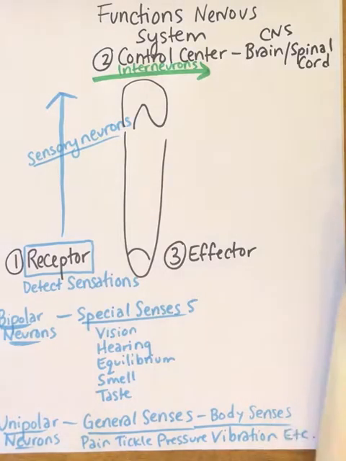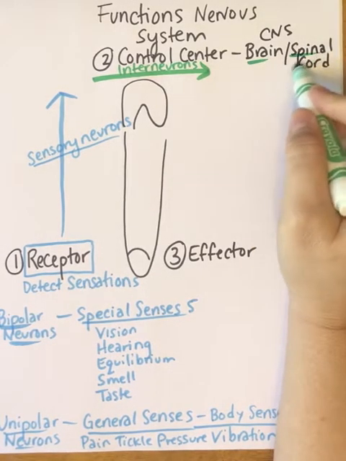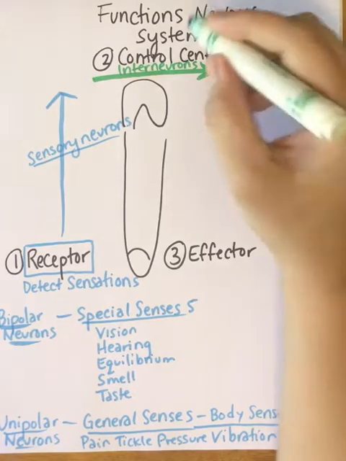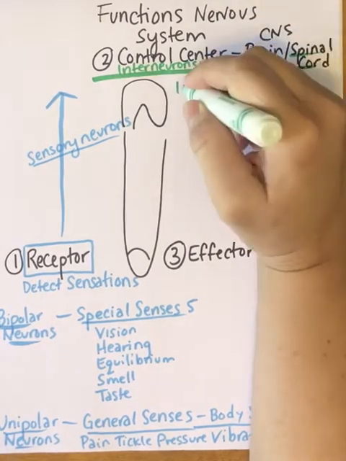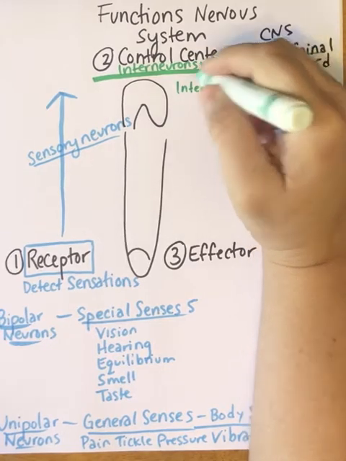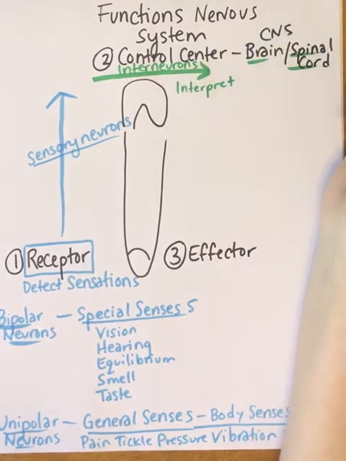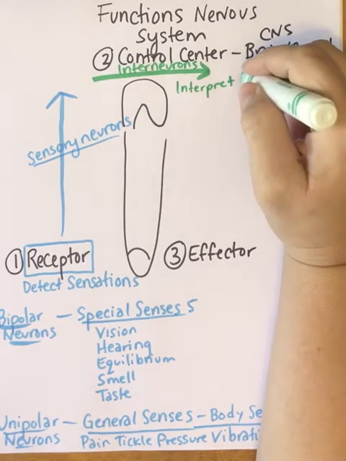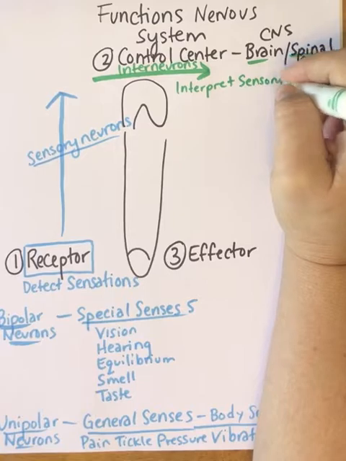So when we talk about the brain and spinal cord, which is what we're talking about now, interneurons are going to be used for decision-making processes. So when we talk about interneurons, we're going to say the brain and spinal cord are going to interpret. Think interneurons interpret, integration.